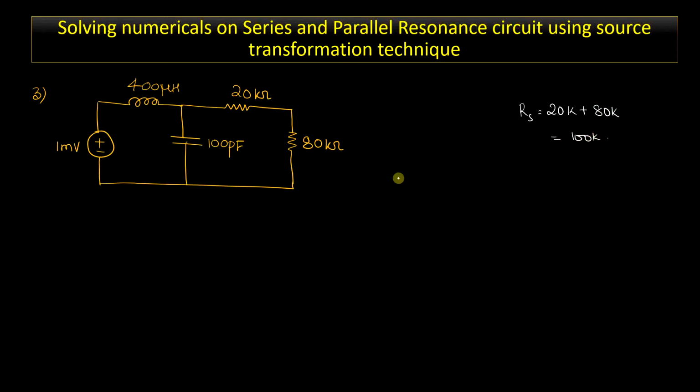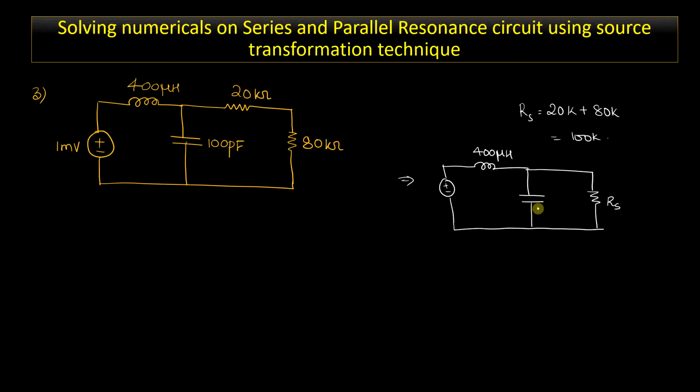If I simplify this after transformation, that is combining the series resistance, I have a 400 microhenry inductor, a capacitor connected with an equivalent resistance RS. Here you have 100 picofarad and you have 1 millivolt.